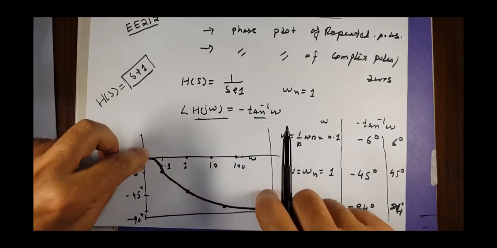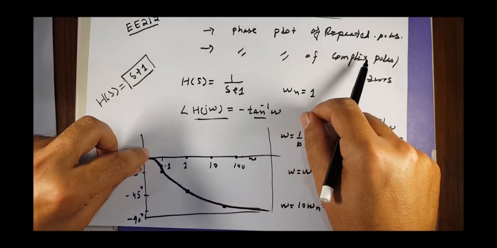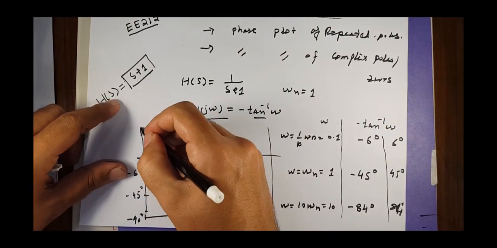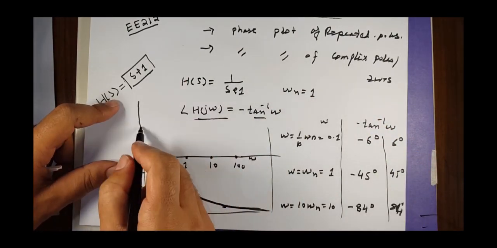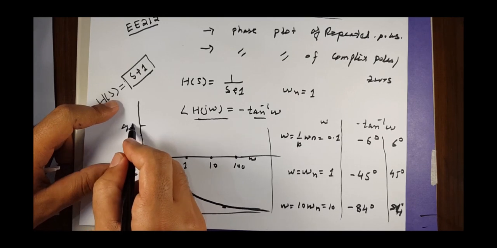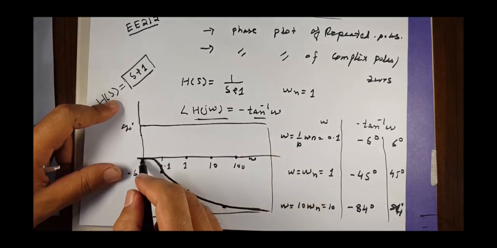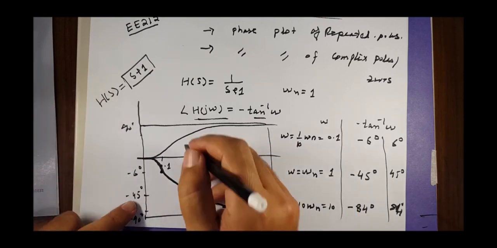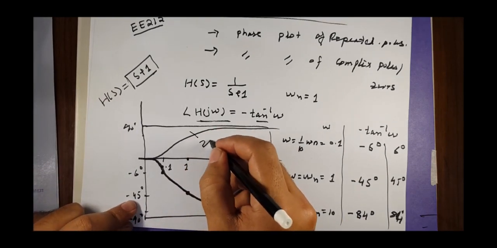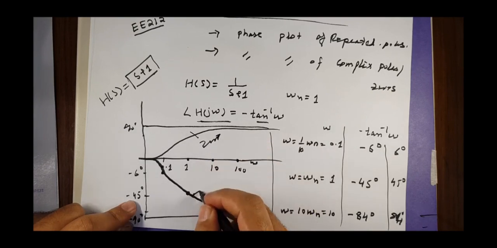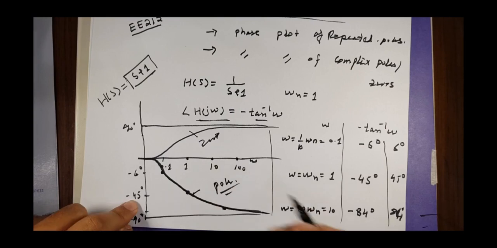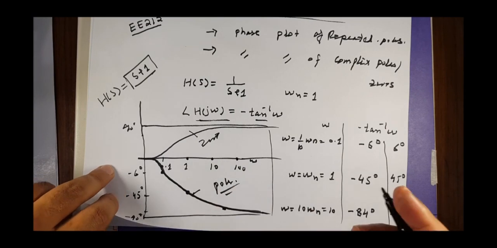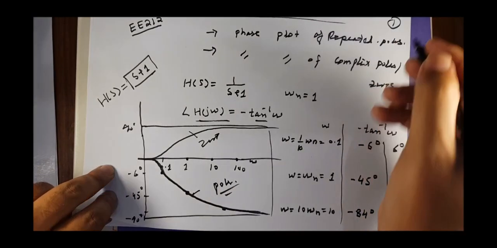So we just need to flip this along the omega axis. Say this is plus 90 degrees, this is our asymptote, so we flip and draw it like this. So this is for a simple zero, and this is the phase plot of a simple pole. This is what we did in our previous lecture.